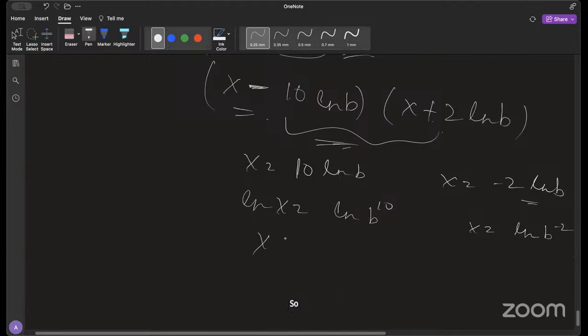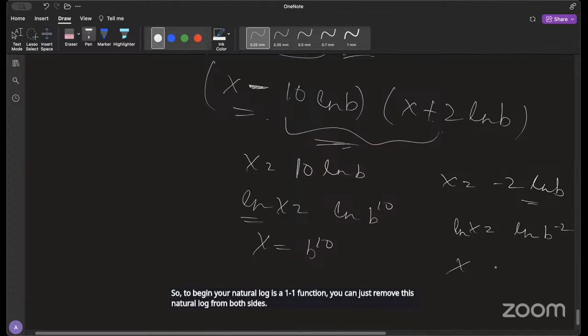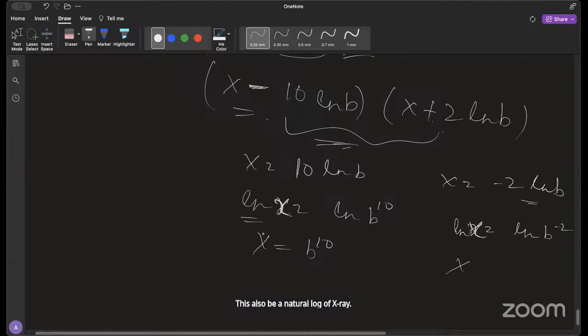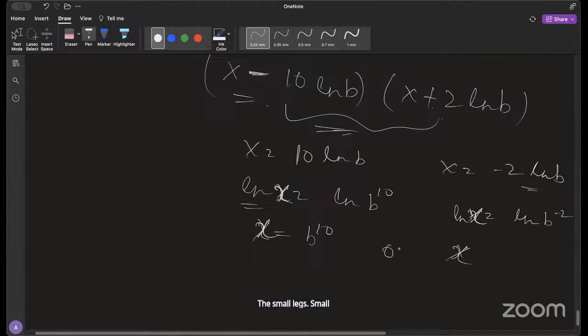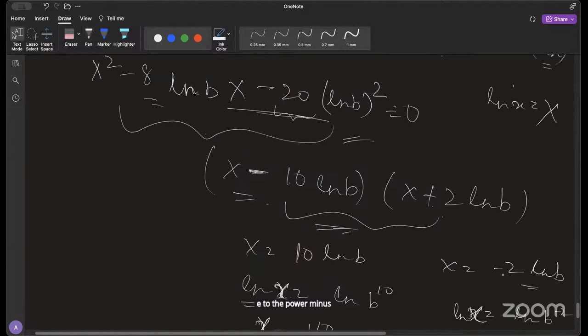Because natural log is a one-to-one function, you can just remove the natural log from both sides. The small x is either b to the power 10 or b to the power minus 2.